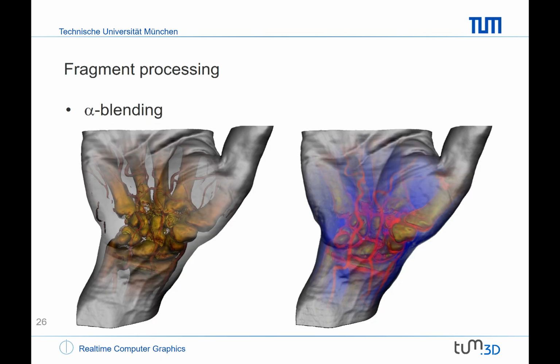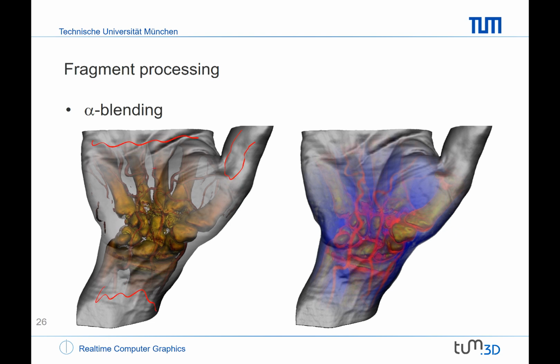Or here, for instance, you have a nice example from scientific visualization, where we have a CT scan of a human hand. In order to reveal the interior structures, but also still keep some context information in the surrounding given by the skin, we modify the opacity of the skin so that it is rather opaque in this region, and also here, and also here.